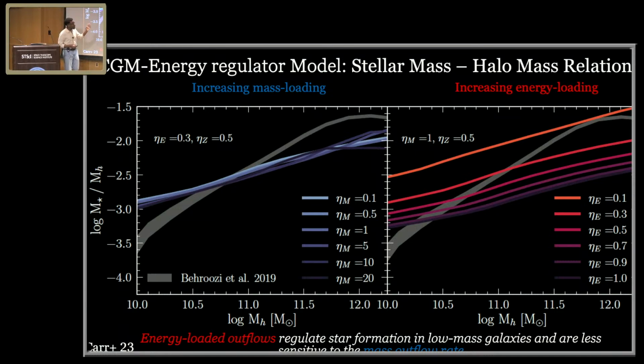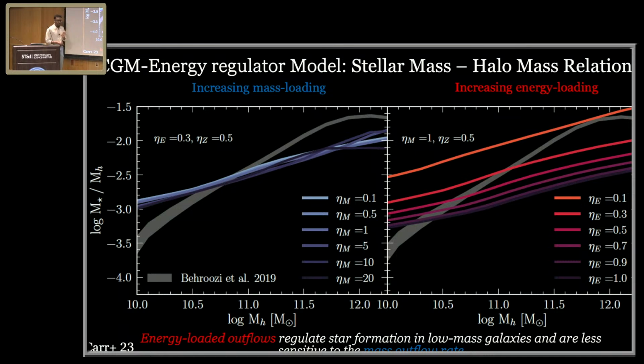That when the winds are able to efficiently deliver their energy to the CGM, you're able to result in this thermal expansion that's able to limit the cooling efficiency, like we mentioned earlier. But also, if you mass load the winds, you lower the specific energy of the winds, which results in actually an increase in the cooling efficiency of the CGM, because not only are you delivering energy, but you're also delivering more mass. And so any mass you're delivering to the CGM quickly falls back onto you, resulting in very little change to your stellar mass.